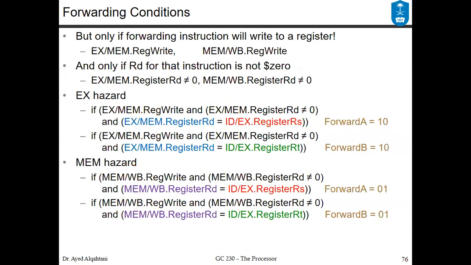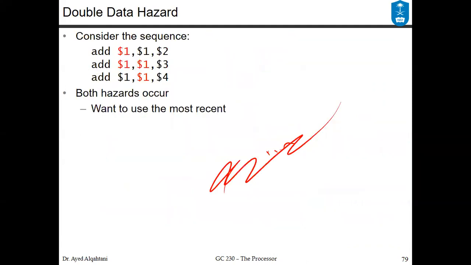Now, you think that this is okay, and now you are able to detect correctly. However, consider this hazard, which is called double data hazard, meaning that now this is a write, and you read it here, and then you update it, and now it becomes a write, and then you read it again. So you have two hazards back to back, and you want the most recent value.